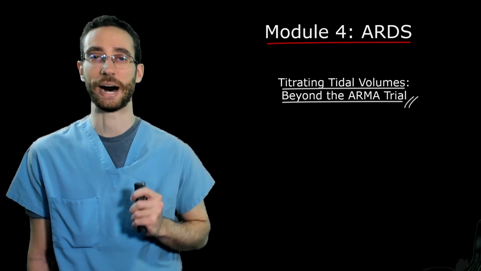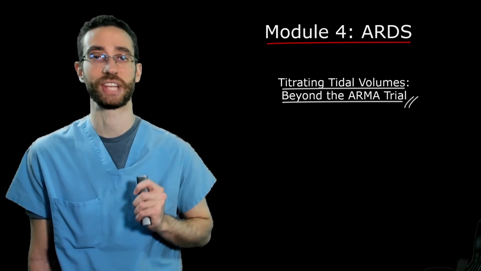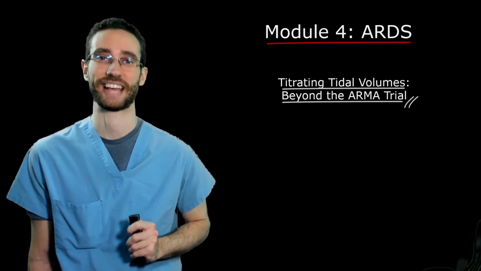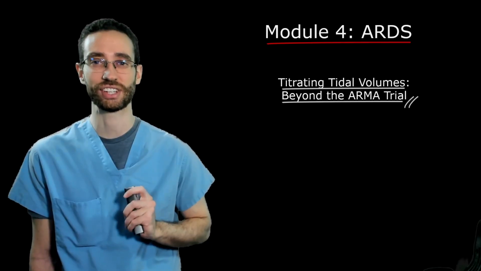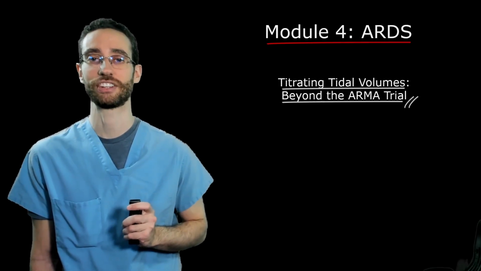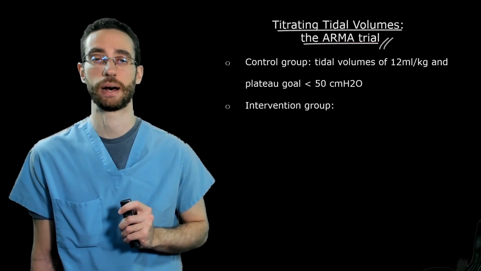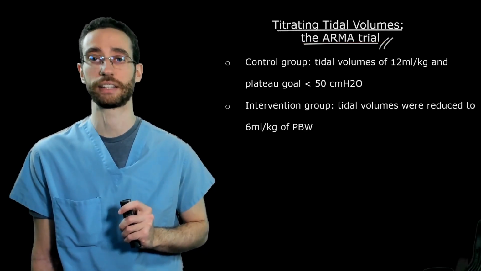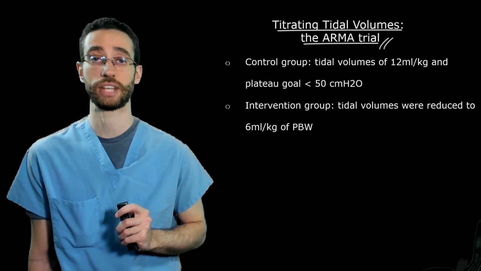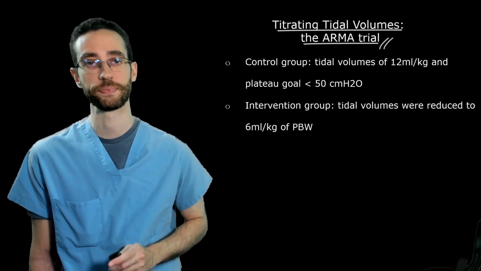We'll talk about setting tidal volumes in ARDS beyond what we learned from the ARMA trial done more than 2 decades ago. However, we'll start discussing the intervention arm. In the lung protective ventilation group, tidal volumes were decreased to 6 mL per kilogram of predicted body weight right after randomization and kept between 4 to 8 mL per kg.